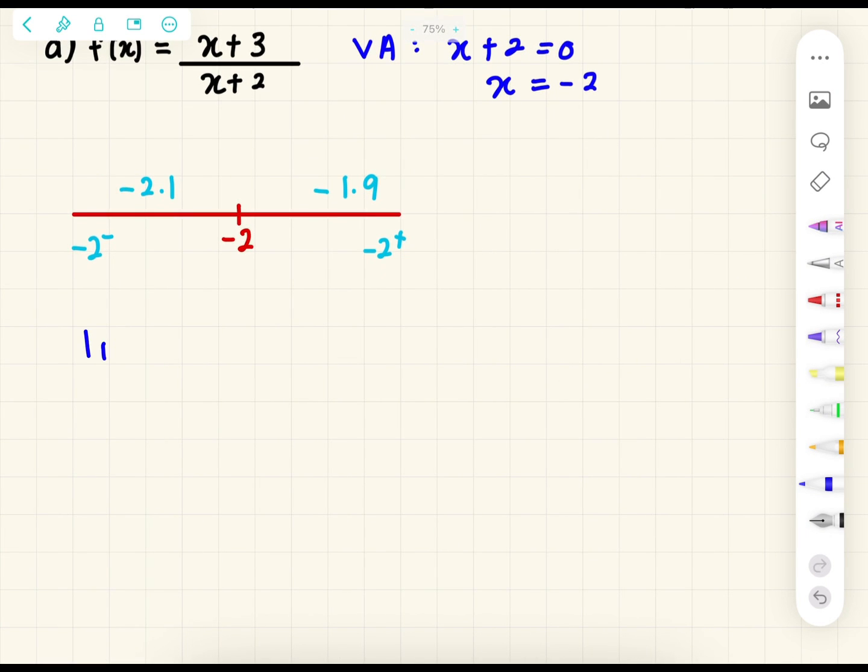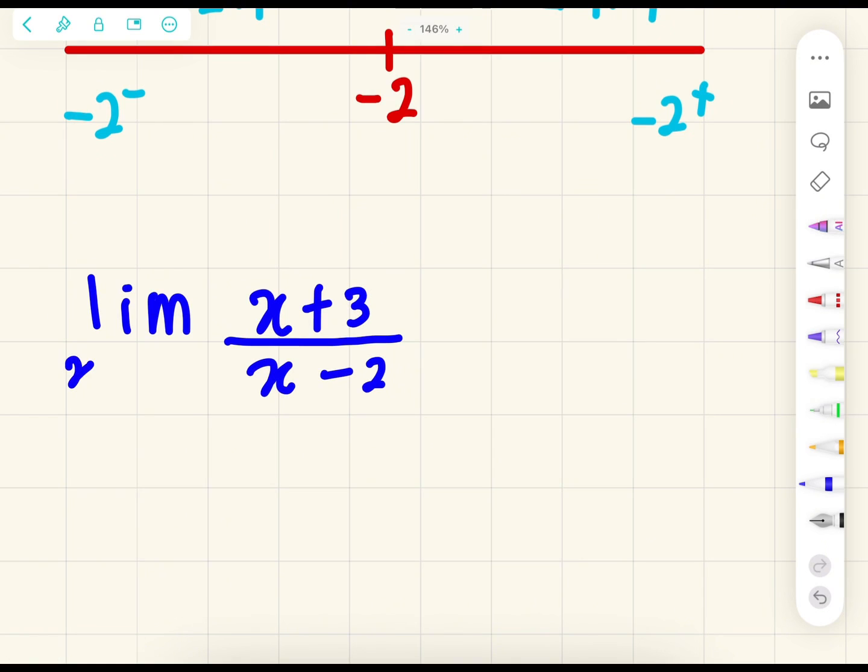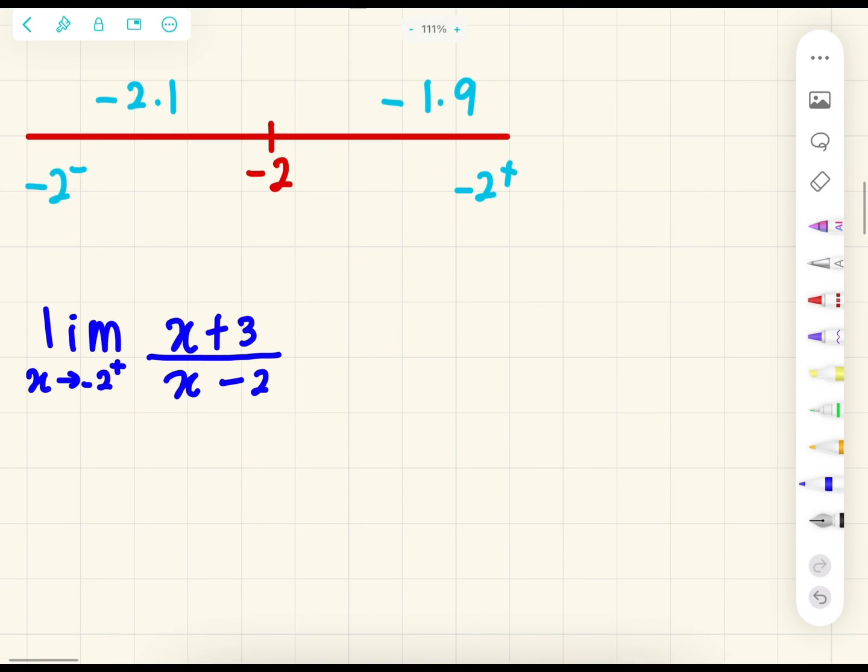Now we need to find the limit of f(x), which is x plus 3 over x plus 2, when x approaches negative 2 from the right. For the numerator, we can substitute the value of negative 2, so we have negative 2 plus 3 equals 1. In the denominator, if we substitute negative 2 into x plus 2, we will get 0.